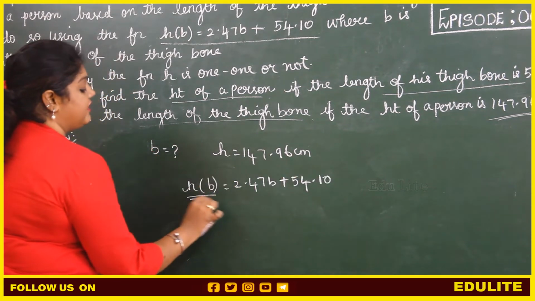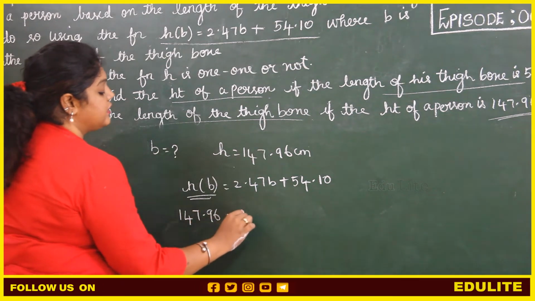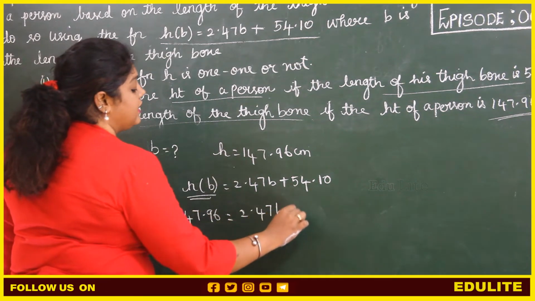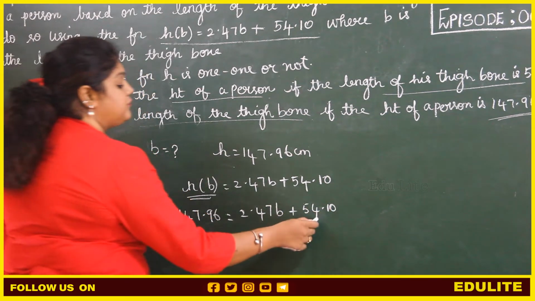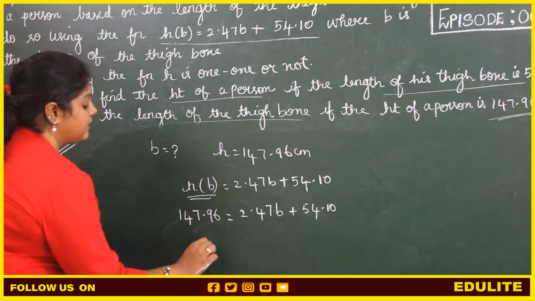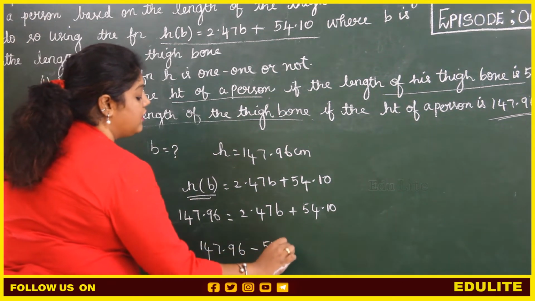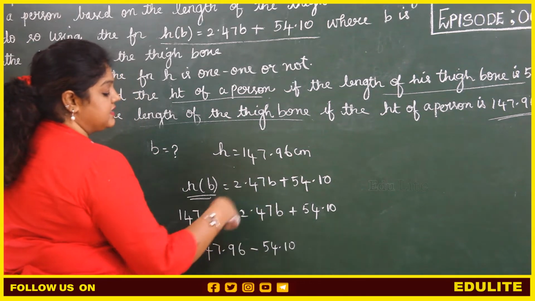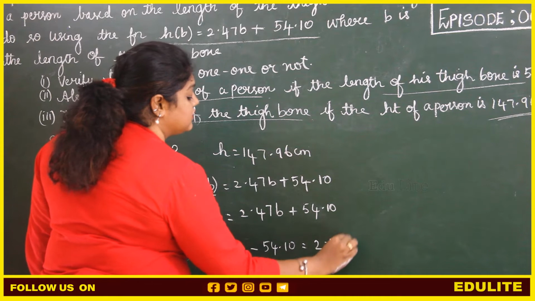We are given the value of h, which is 147.96, equals 2.47 b plus 54.10. We will take this 54.10 to the other side. It will become 147.96 minus 54.10, because if this side it is plus, if it comes to the other side, it will become minus, which equals 2.47 b.